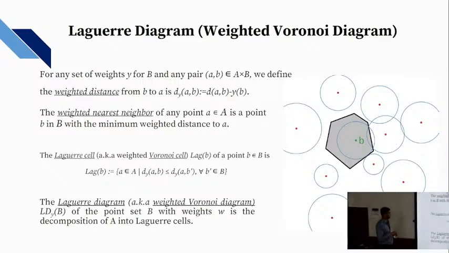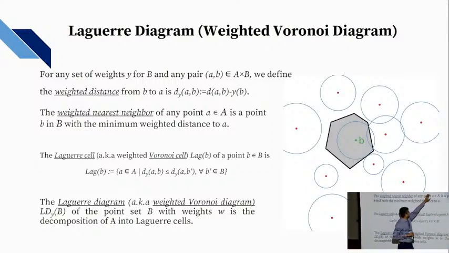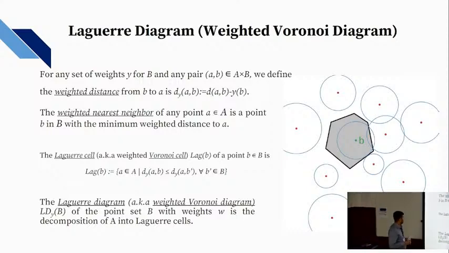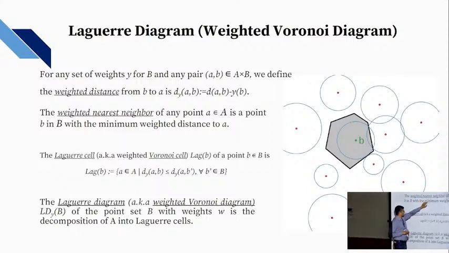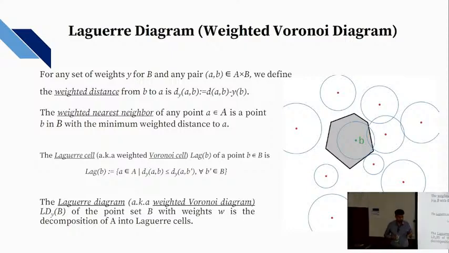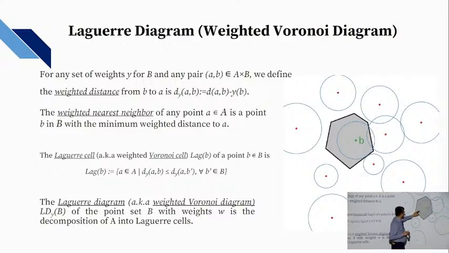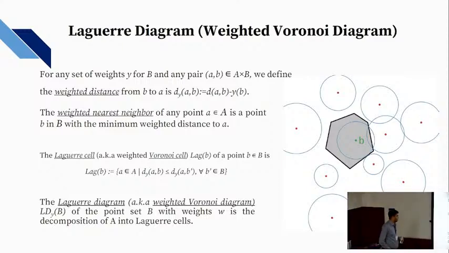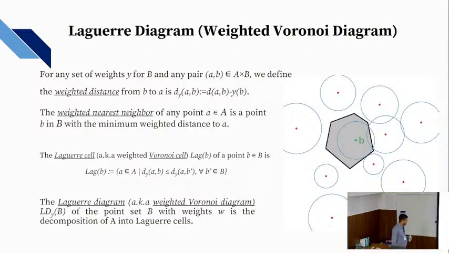The weighted distance of any point A to point B is simply the distance between A and B minus YB, the weight of that point B. And the weighted nearest neighbor for any point A is the point among all points of B with the smallest weighted distance. So if I give you any point in this space, the point with the smallest weighted distance will be this point. All of these other points will be further away from the point A.